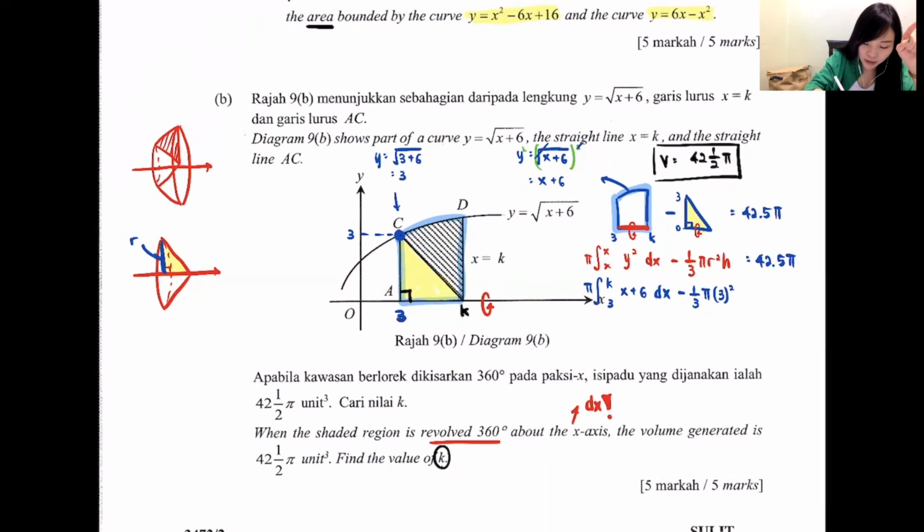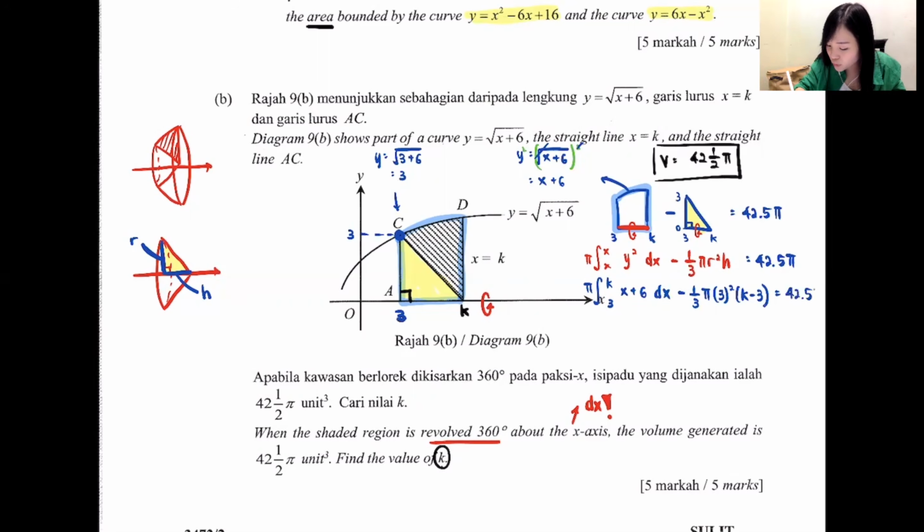Based on the cone, the vertical part is the radius. Then the height will be what? Based on the cone I drew on the left-hand side, the height will be the horizontal part. So the height, do you realize, is from 3 until k. So 3 until k, what is the difference in between? Isn't it k minus 3? That is how you guys know the differences in between.